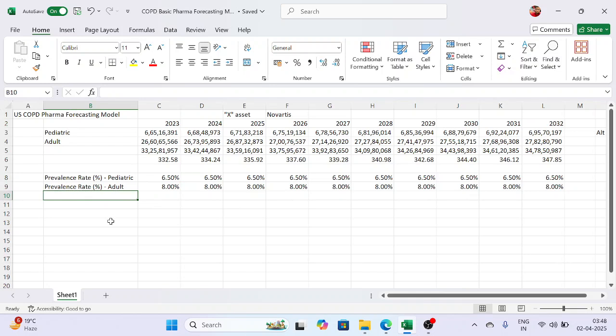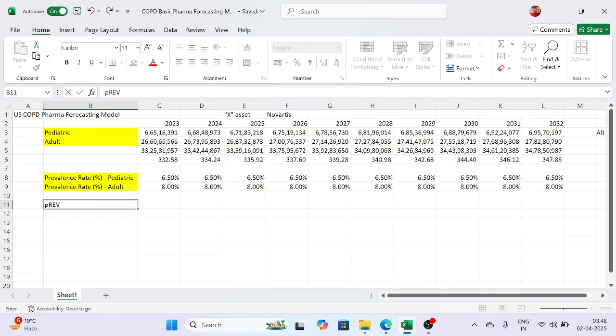So let's say this is the prevalence rate, right? Now after prevalence we have the diagnosis rate. Either before diagnosis rate you can do the calculation, or after diagnosis rate you can do the calculation. So what you will have to do here is, this population multiplied by prevalence rate, so you will get your prevalent population for both pediatric and adult.